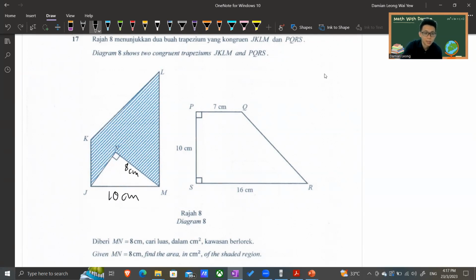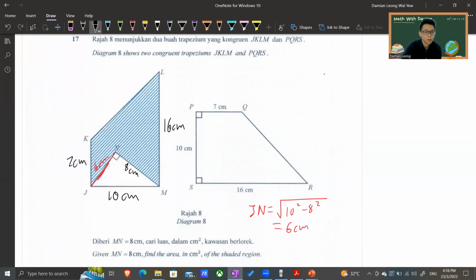Same as the PS. JK 7 cm. Here 16 cm. So I have 8 here, I have 10 here. I can naturally find JN, again using Pythagoras theorem. Square root of 10 square minus 8 square, which is 6 cm.